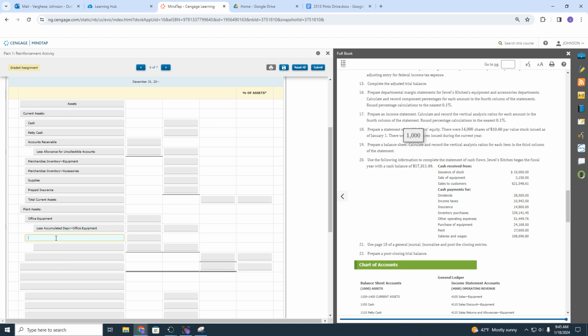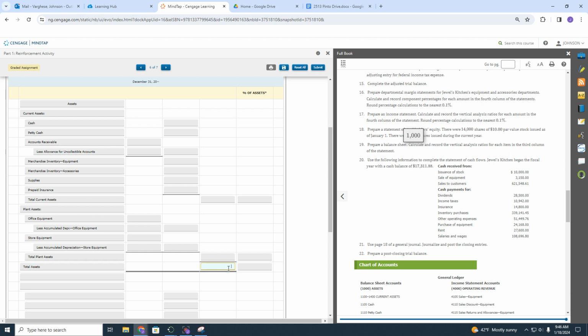And then I'll have my store equipment and less the accumulated depreciation on my store equipment. And that'll give me my total plant assets. And then I'll add those two together. My total current assets plus my total plant assets equals my total assets.